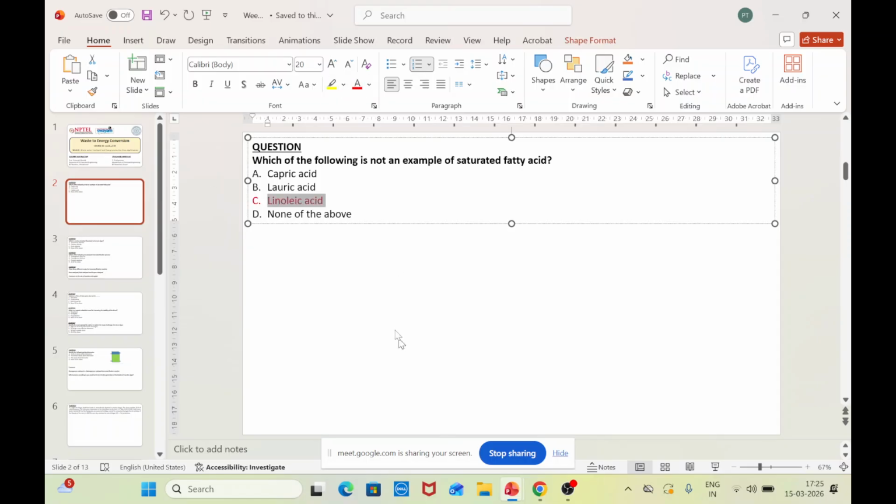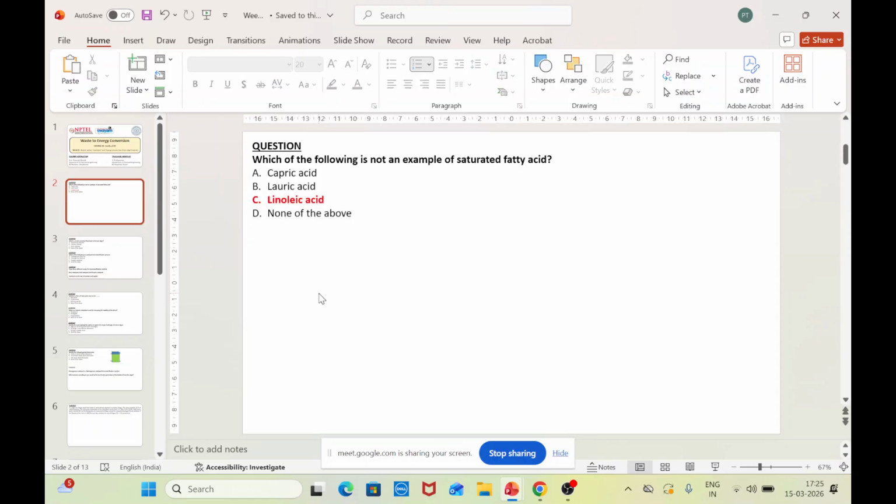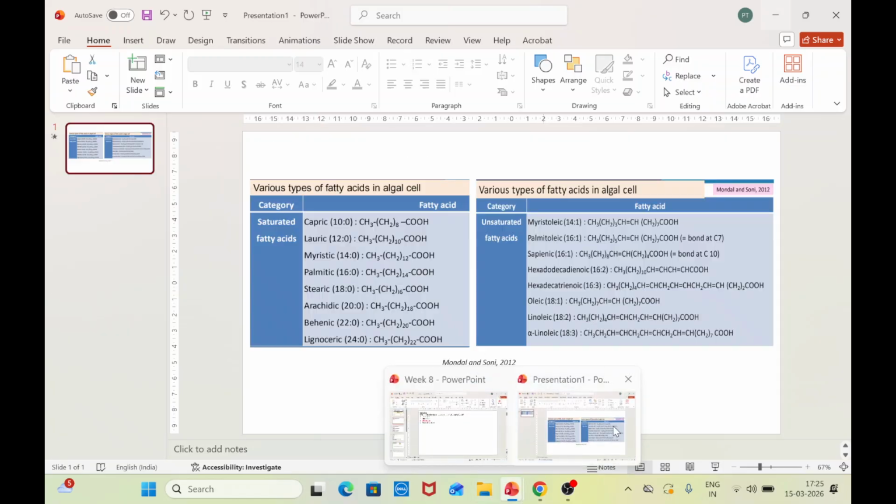Linoleic acid. So let's look at the table. Let me just show this.